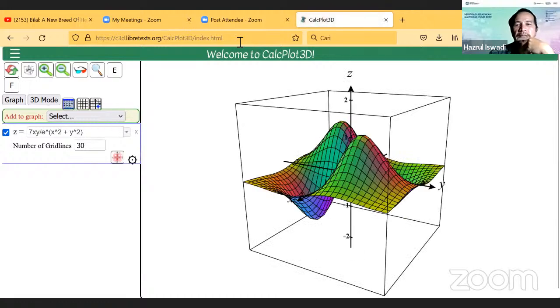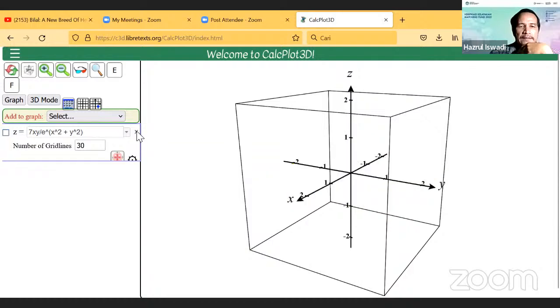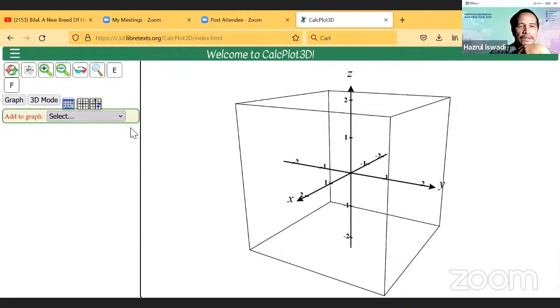Then you can erase this equation by clicking the x here and then choose the object you want to draw.